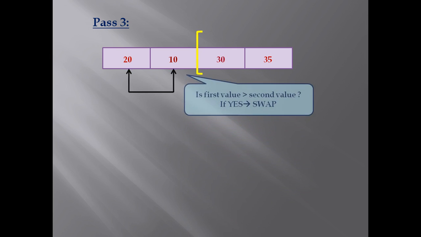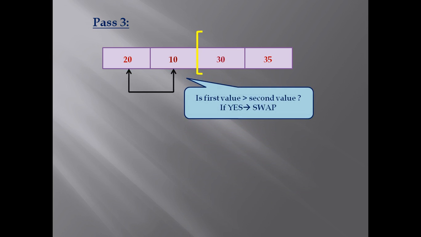The first two elements will be compared. It will check whether the first element is greater than the second. Let's check it. Yes, it is. So we need to interchange them. Bubble sort will interchange them like this. It is done. Now we don't have any other element to compare and exchange, right?